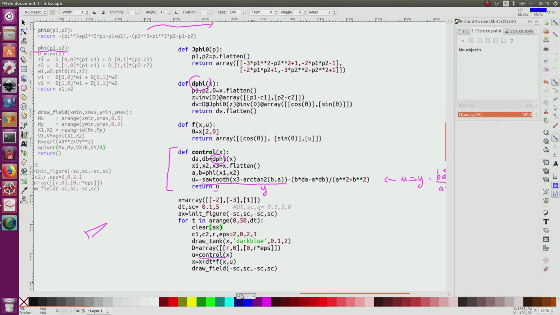So for this, this function corresponds to what I have called before the derivative of phi with respect to p.